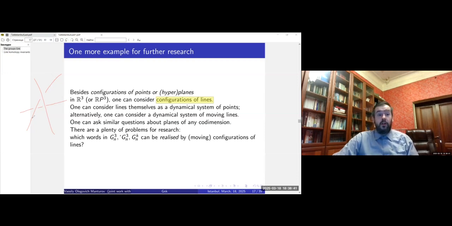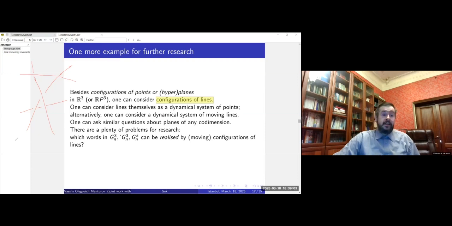This is a very well-known problem. And of course, it's completely solvable, but it has relations to algebraic geometry. There are many other problems. I can draw a picture with quasi-lines and ask whether this picture can be realized by lines.